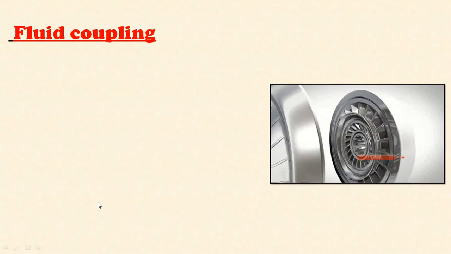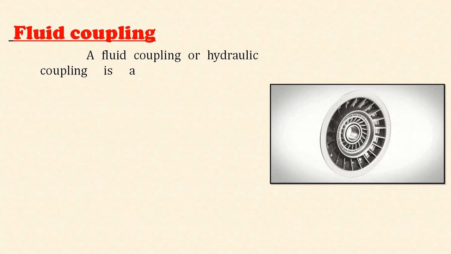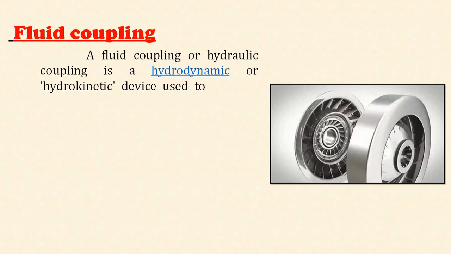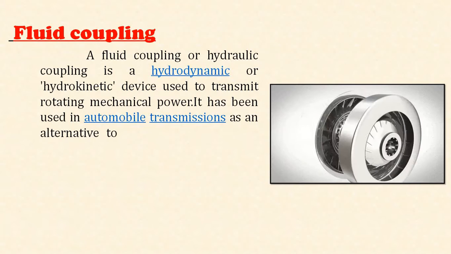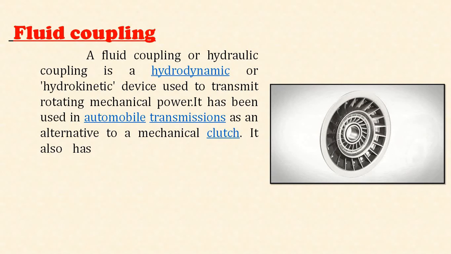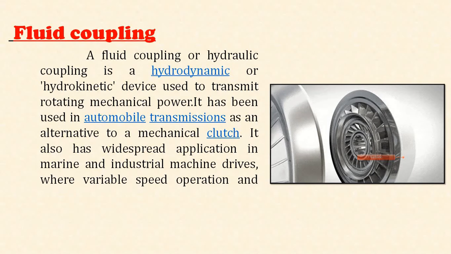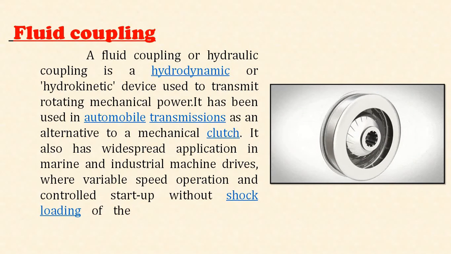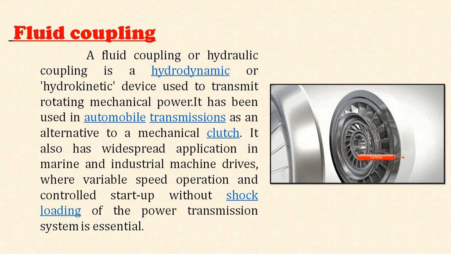Fluid coupling. Fluid coupling or hydraulic coupling is a dynamic or hydrokinetic device used to transmit rotating mechanical power. It has been used in automobile transmissions as an alternative to a mechanical clutch.